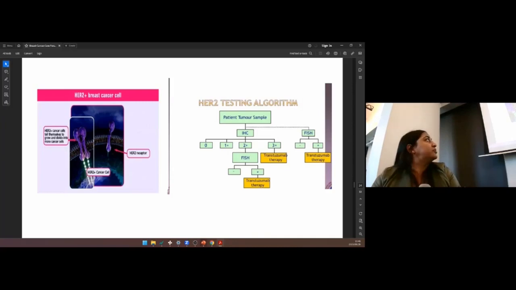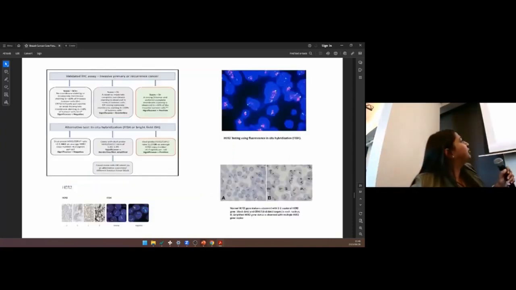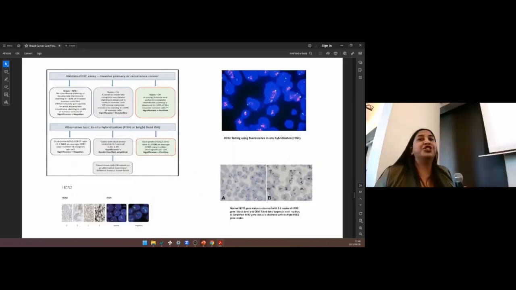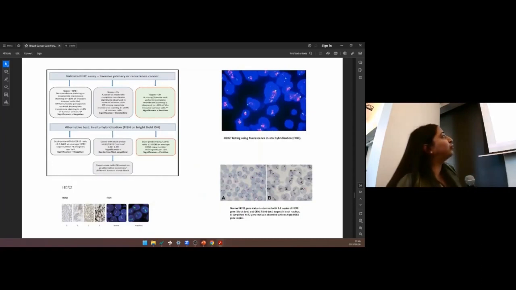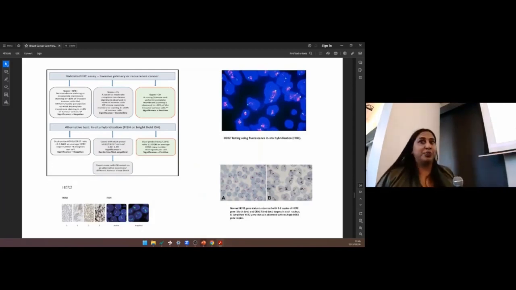We have also started adopting B-Dish onto our system, and we're very excited about being able to offer that to patients. So this is just a quick run through of the algorithm about HER2/neu testing. I'm not going to speak too much about that, but I just wanted to show you the pretty picture that you see there, where you see amplified HER2/neu gene signals, and the B-Dish below that, where you look for the amplification of your HER2/neu, and you look for an increase in the color of the probes.